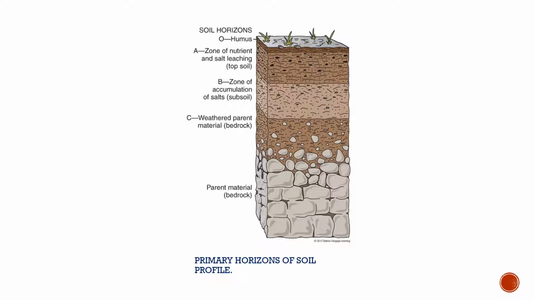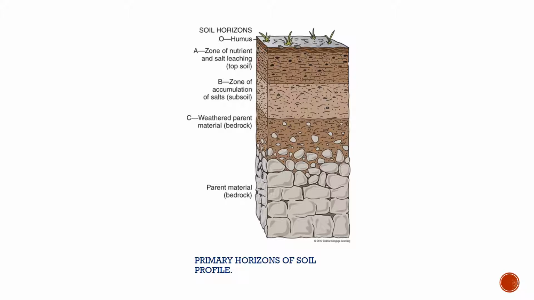So here is that soil profile. So again, if I were just to go into a pasture and dig a hole, maybe like a 6-foot hole, I would see something like this most likely. So I would see that O layer, what we call the organic layer, the humus. Then we have the A layer, and that's what we would call the topsoil.